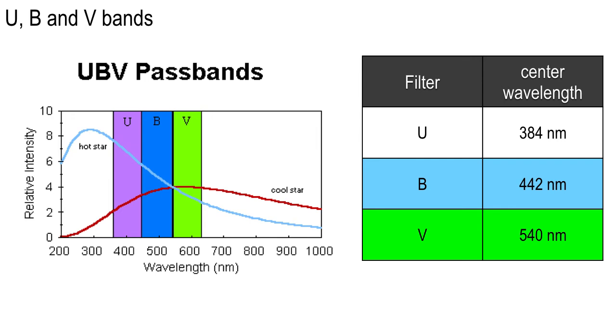And so it measures a little bit of yellow on one side, a little bit of blue on the other side, but mostly green at 540. You can see they're dozens of nanometers apart. There's an R band. There's an I band for infrared. But the U's, B's, and V's, this is what we've got.